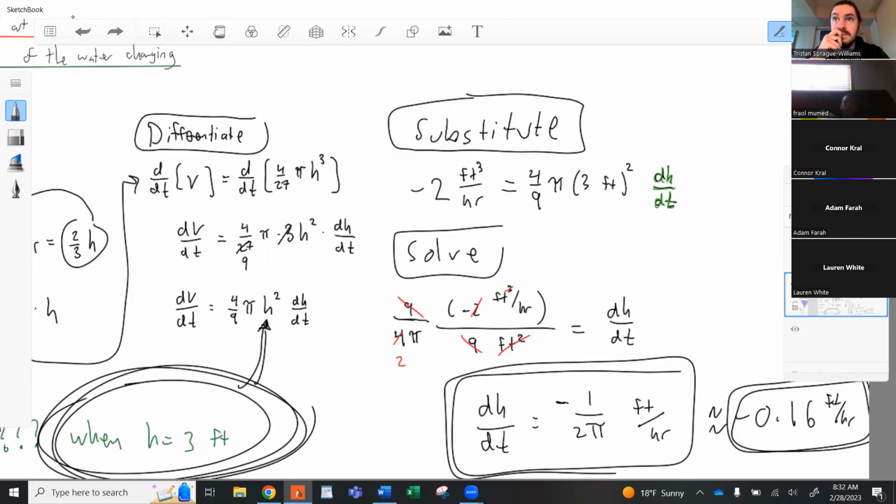That's confusing. If that's confusing, you can do that yourself in a different way. Basically you're just dividing both sides of your equation by all this stuff, by the 4/9 pi 3 squared.